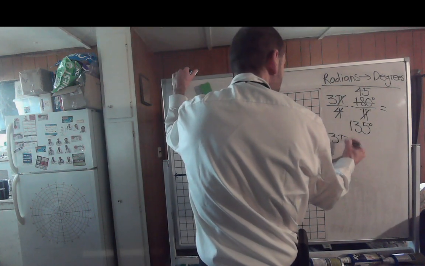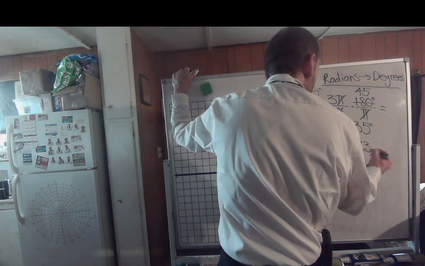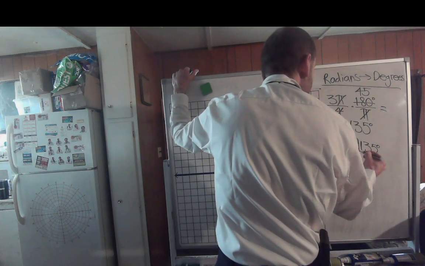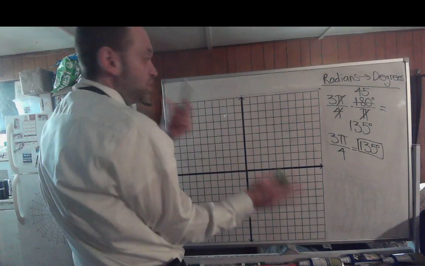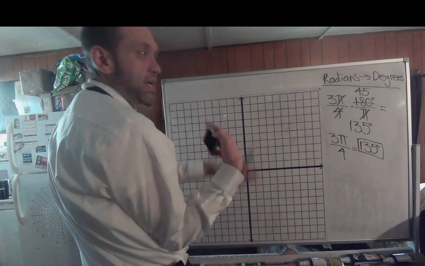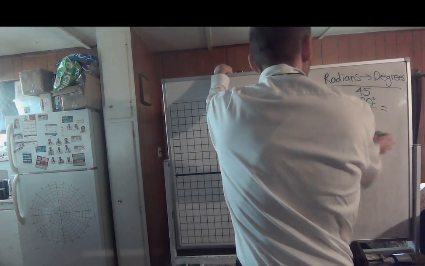So 3 pi over 4 radians equals 135 degrees. That's exactly what you would end up getting. All right, so I think we have a good grasp on converting degrees to radians and radians to degrees.